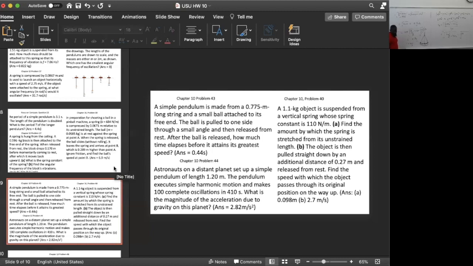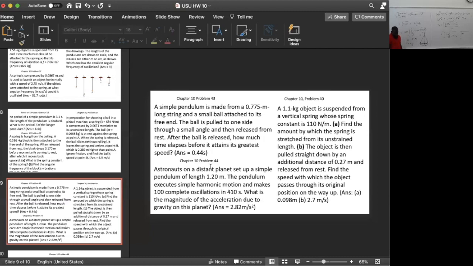Okay, next problem says a 1.1 kilogram object. Astronauts on a distant planet set up a simple pendulum, and it makes 100 complete oscillations in that time. What is the magnitude of the acceleration due to gravity on this planet?